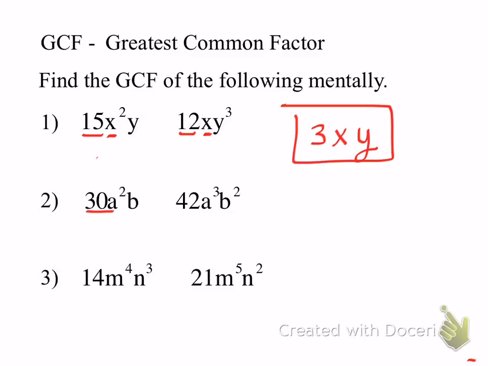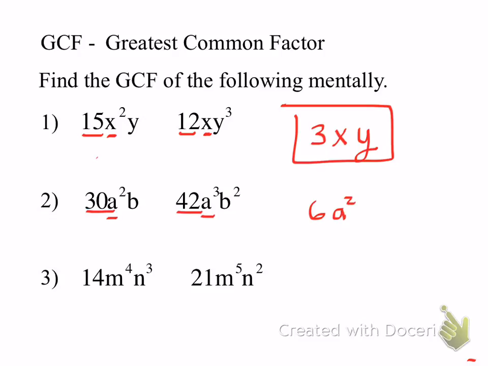Okay, Nicole, what's the greatest numerical factor here? Out of 30 and 42, what's the greatest common numerical factor that divides into both? 6. What's the greatest amount of a's I can divide out? Don't say 2, say a squared.